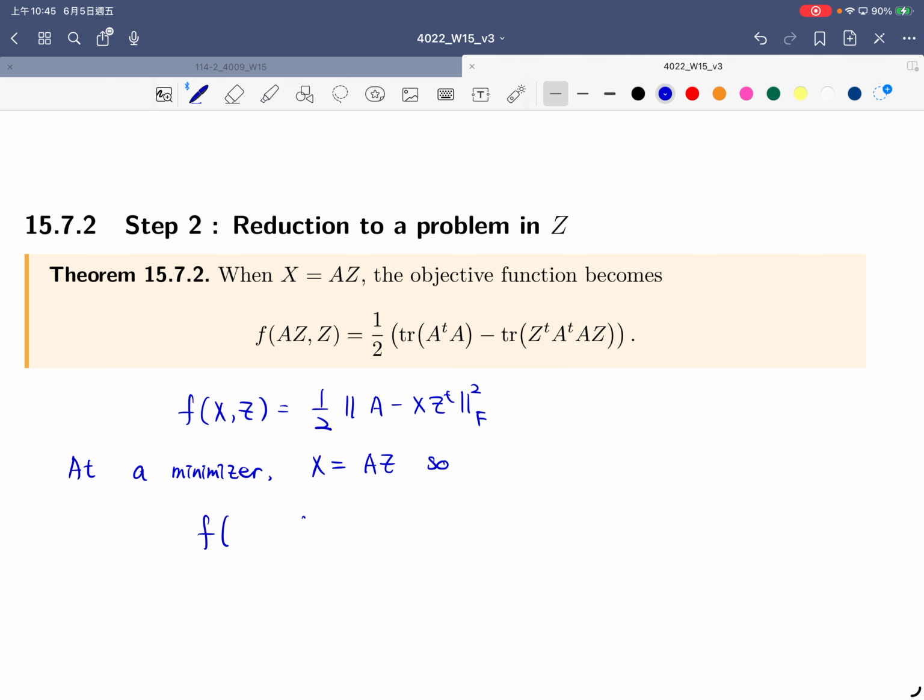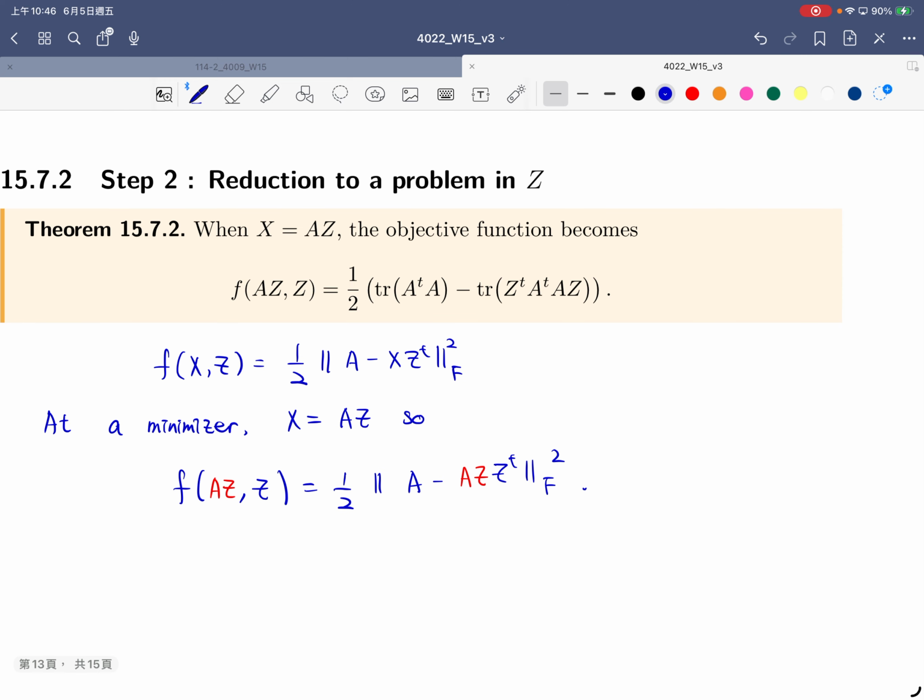So the objective function will become f of AZ, comma Z, equals a half, and then the Frobenius norm of A minus AZZ transpose, squared. And what I'm trying to claim is that it turns out you can simplify this term as just the half of the difference of two traces.